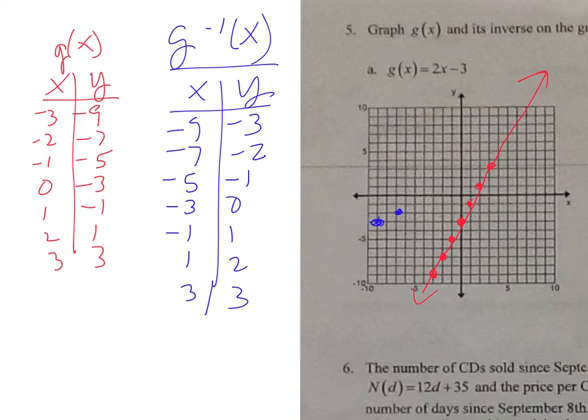Negative 5, negative 1. Negative 3, 0. Negative 1, 1. 1, 2. And 3, 3. And we get that.